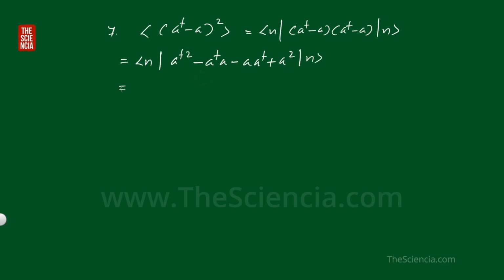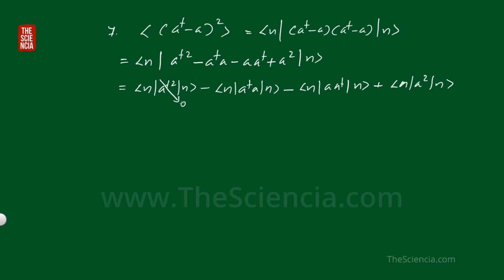And we can expand: ⟨n|a†²|n⟩ minus ⟨n|a†a|n⟩ minus ⟨n|aa†|n⟩ plus ⟨n|a²|n⟩.